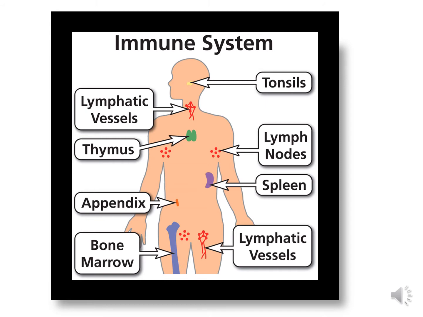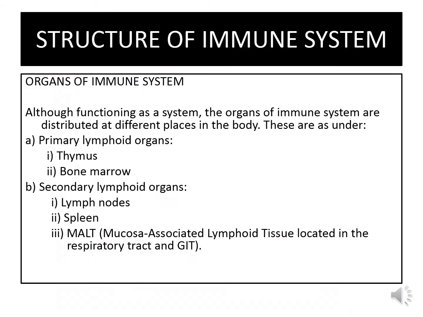I'm sure you remember the immune system, which includes tonsils, lymphatic vessels, thymus, lymph nodes, spleen, appendix, bone marrow, and the lymphoid tissue within various organs and tissues. Organs of the immune system are divided into primary and secondary.